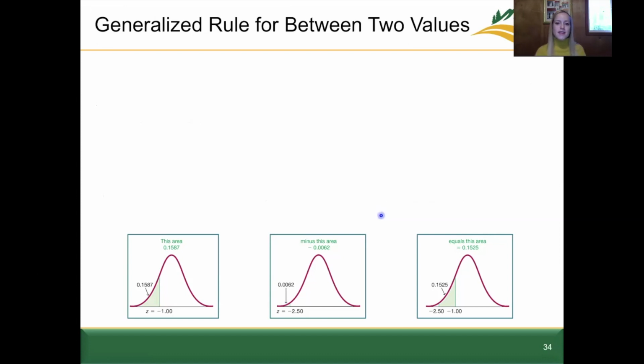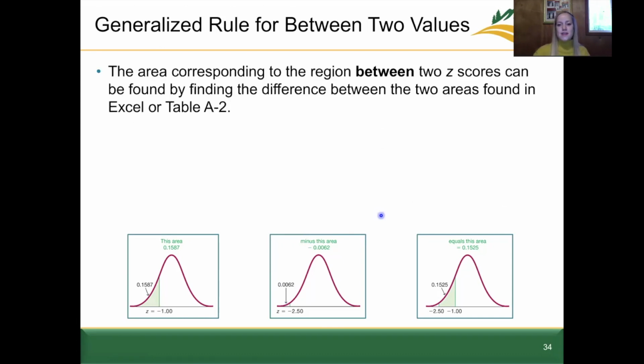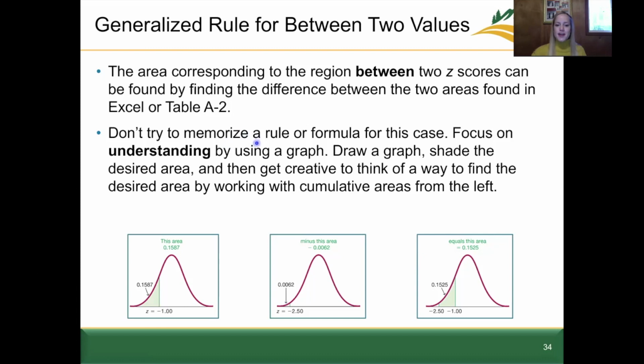Now we just did this example to find the area between two given values. Generally, when you're doing this, we can find the difference between those two z-scores by finding the area under the curve for the first and the area under the curve for the second, and then subtracting those values. It really isn't worth memorizing anything here.